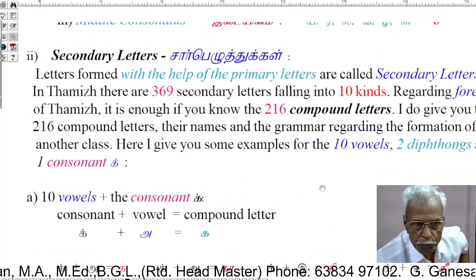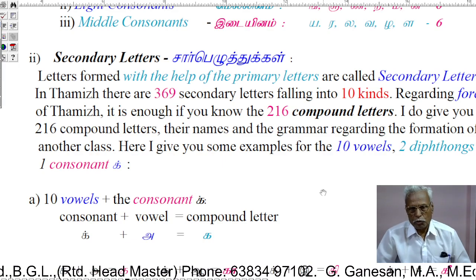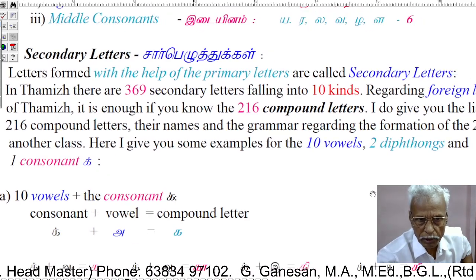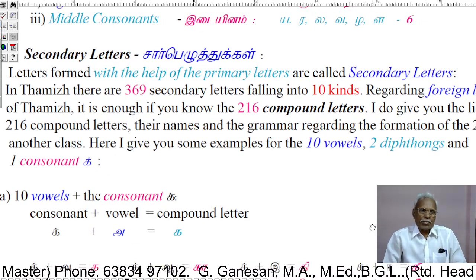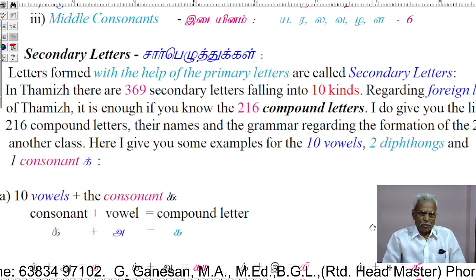Then let us see secondary letters. It is told that 369 secondary letters are used in Tamil.